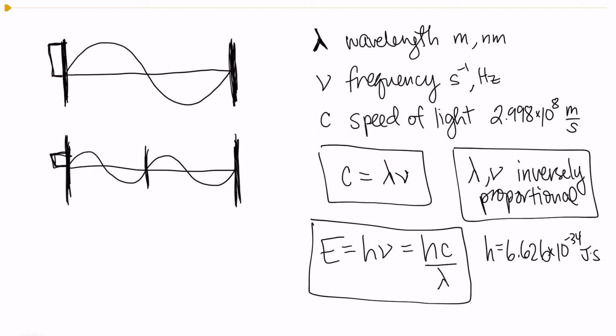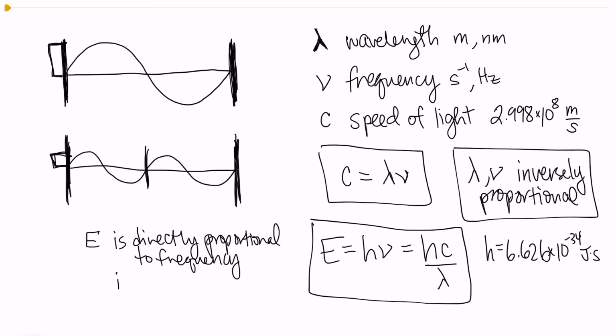There's one more concept that we have to talk about, which is the way energy is related to wavelength and frequency. Energy is directly proportional to frequency and inversely proportional to wavelength.